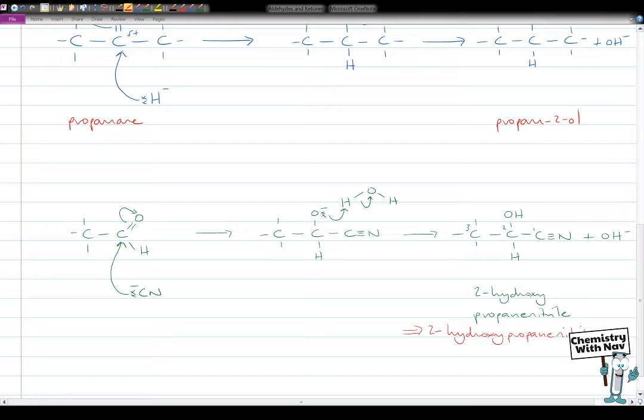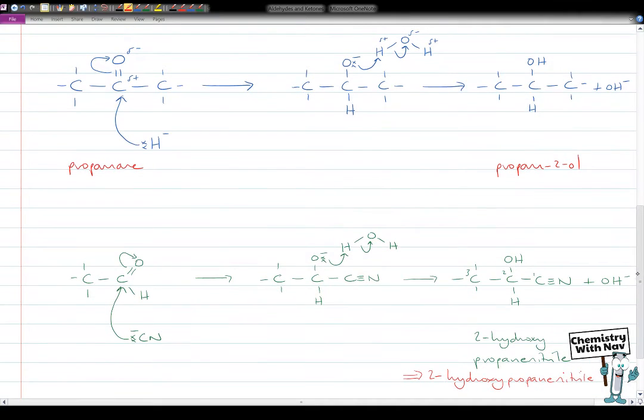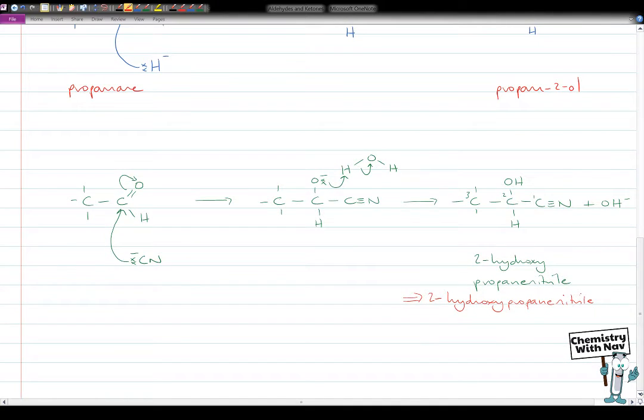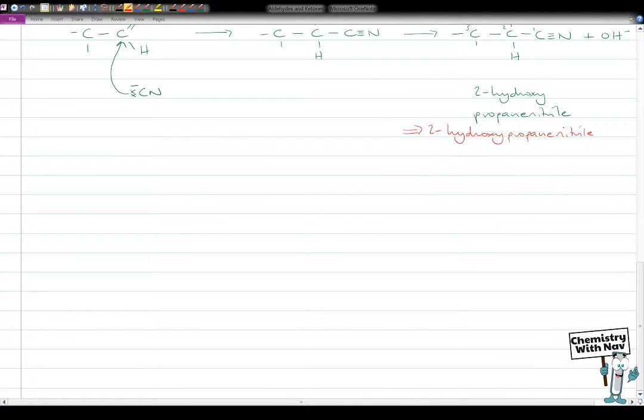So both of these mechanisms are nucleophilic addition reactions, and that's the main mechanism by which aldehydes and ketones are going to react. The last thing we need to know about this is the identification of aldehydes and ketones.